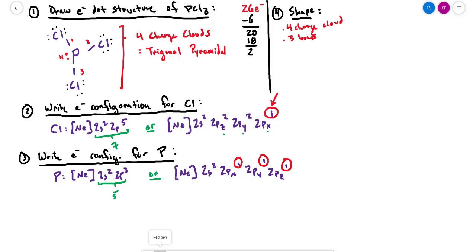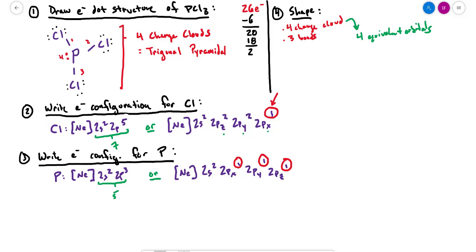Since we have 4 charge clouds, we need a hybridization that would give 4 essentially equivalent orbitals on the central atom to make these bonds all the same.